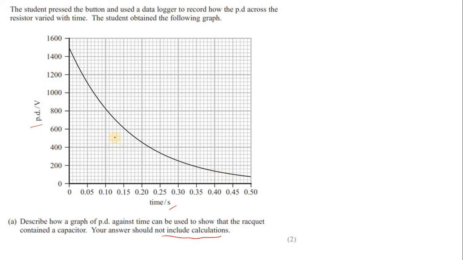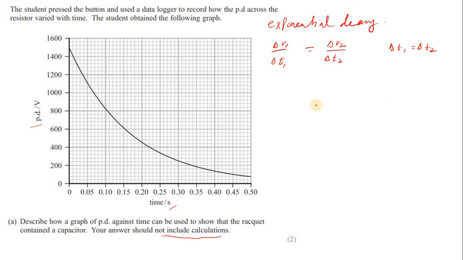So remember, the discharging of a capacitor is exponential decay. Exponential decay means the change of quantity on the y-axis, like here, delta V in some time interval, let's call it delta V1 in delta T1, and delta V2 in some other time interval, delta T2, but delta T1 must be equal to delta T2.